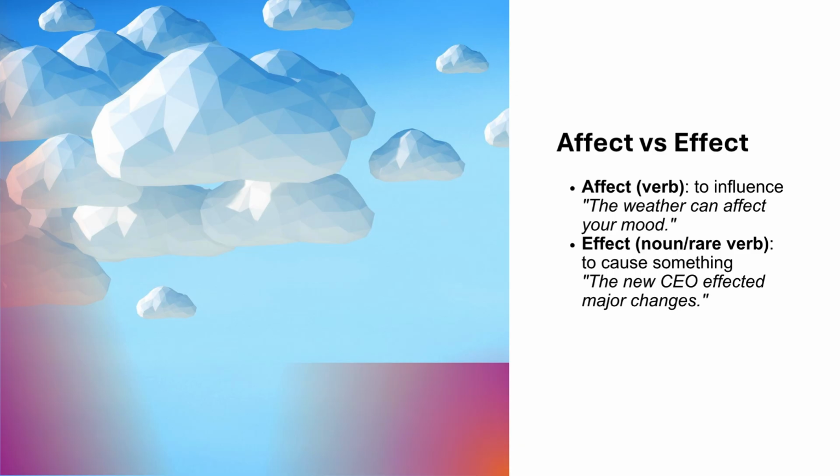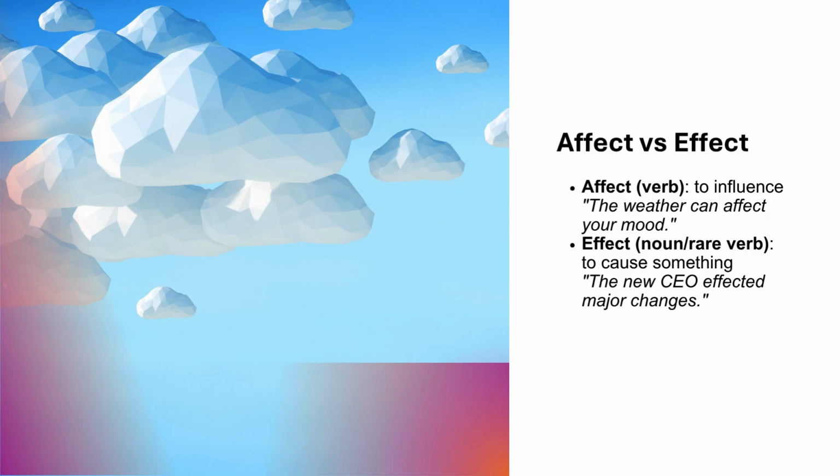And the next pair of verbs is affect versus effect. Affect is the form of verb we use for influence. For example, the weather can affect your mood. Whereas effect we can use as a noun or as a rare verb as well. That is which causes something.